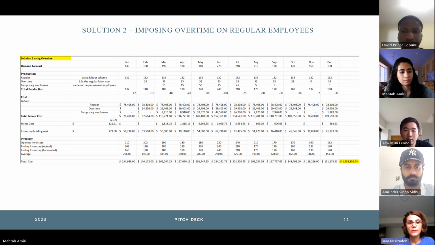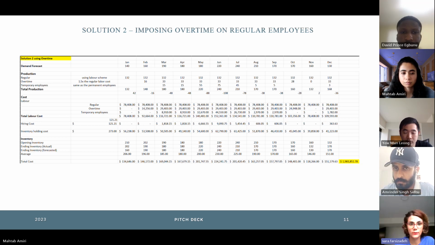Hi, I'm going to explain solution 2, which was imposing overtime on regular employees. Our team calculated that the second solution is to impose overtime on regular employees, which is 5 days, including 40 hours normal plus 10 hours overtime.